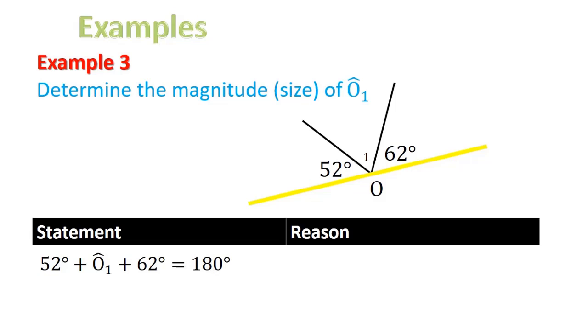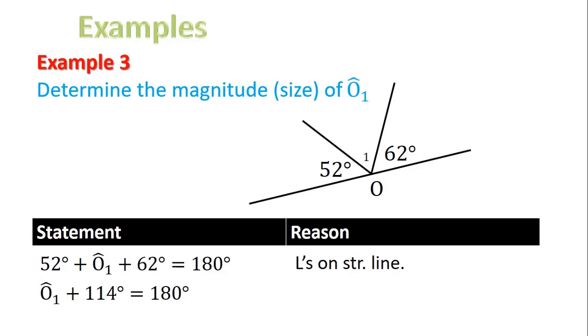How can I say that? Well, my reason for saying that is angles on a straight line. Now, to figure out how big O1 is, we use simple equations again. So, O1 plus 114 degrees equals 180.